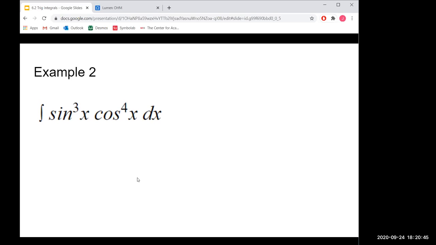So for this one right here, you could split it into cosine squared and cosine squared, but I don't think that would work because you don't have anything to the first power. Do you guys see what I'm saying? Yeah, I get what you're saying. So that's why for this question, example 2, we had to split sine, because that's the only one that would have left something to the first power in the end.